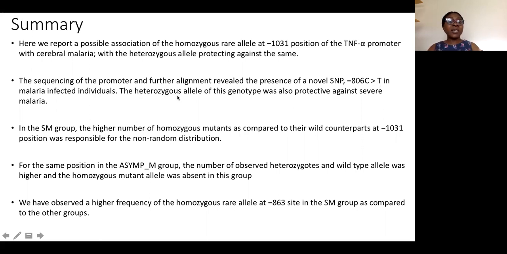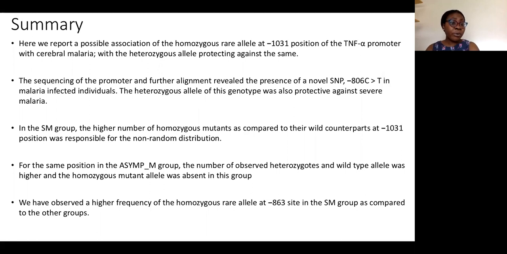Now, the heterozygous allele, when we say heterozygous, we have a CT genotype. We also found it to be protective against severe malaria. So children with this heterozygous allele, CT, were protected as against those with the homozygous mutant, TT.